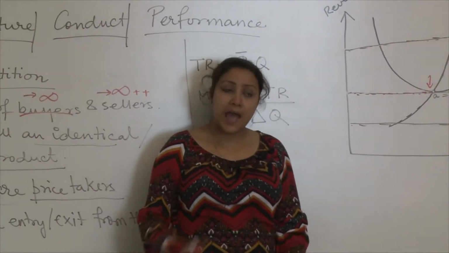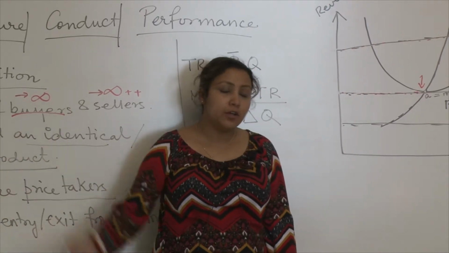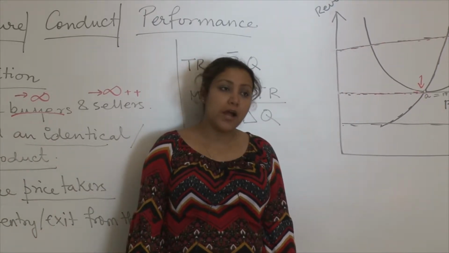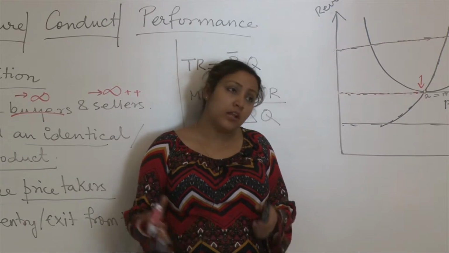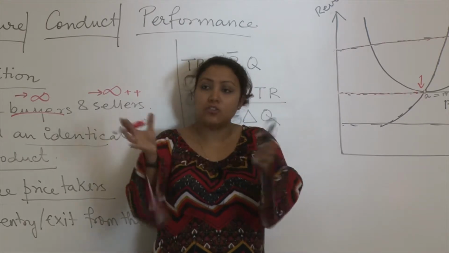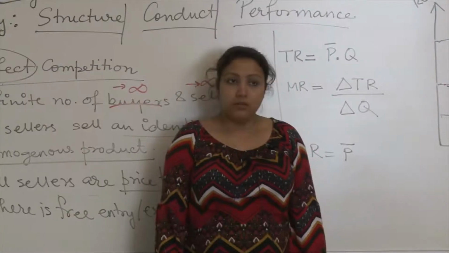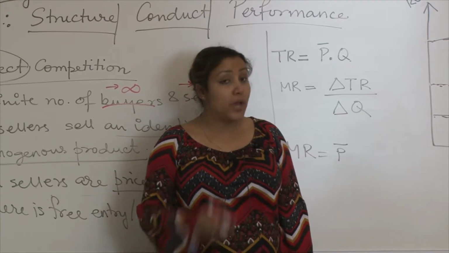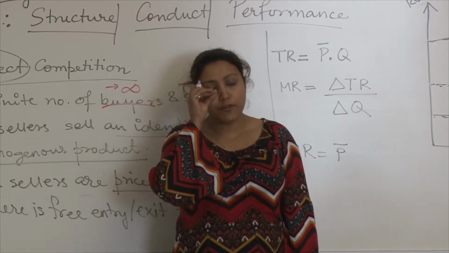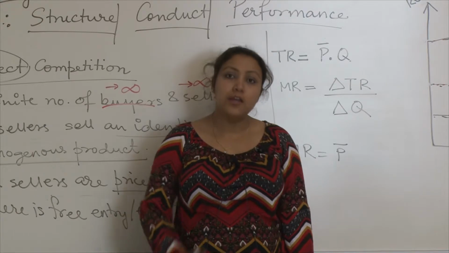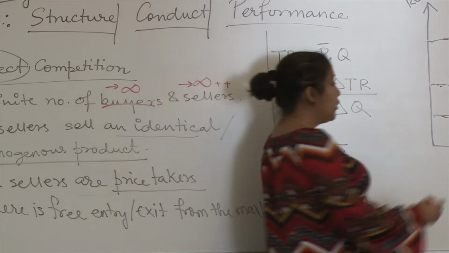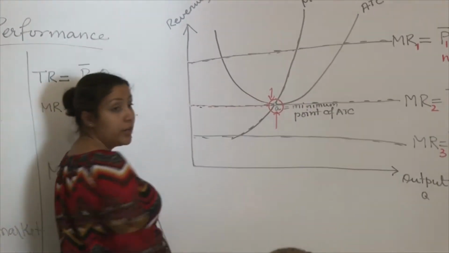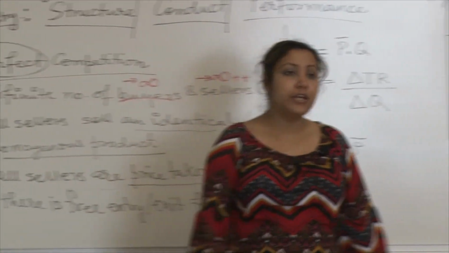And as existing sellers leave with no change in the number of buyers, the ones who stay back get a larger number of buyers. Yes? So whether it's a situation of profit or loss to start with, eventually the market will move to the break-even point in perfect competition, and that happens because of the free entry and exit of sellers.